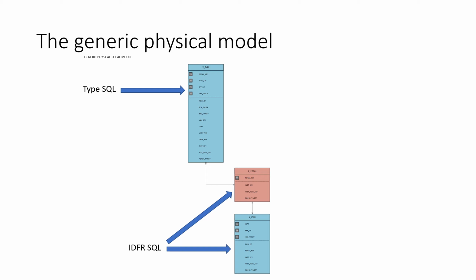Going through the logic and giving an understanding of how the identifier SQL works is going to be its own session. But with the help of these three table patterns, we're going to build and implement two different focal implementations.